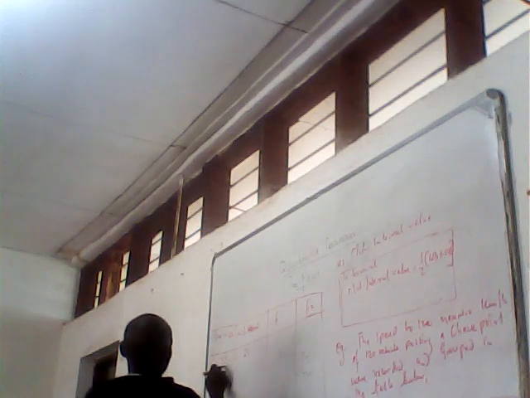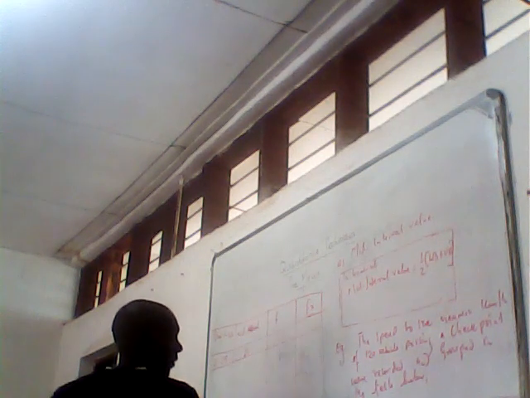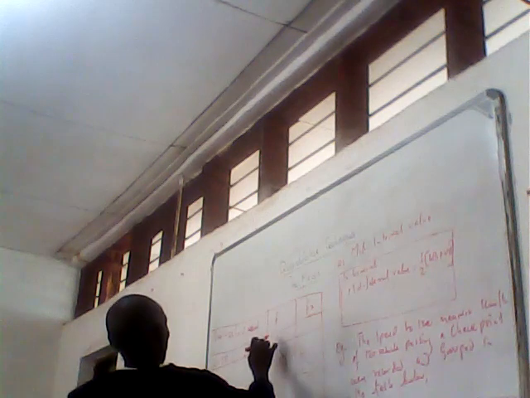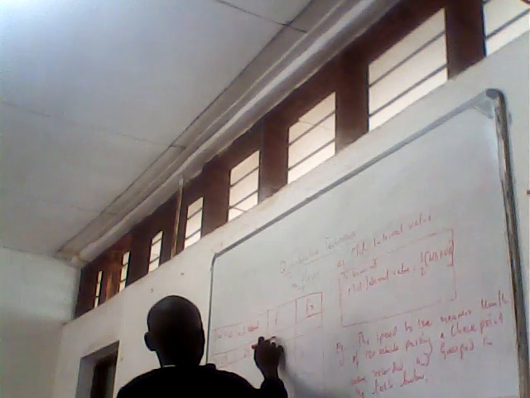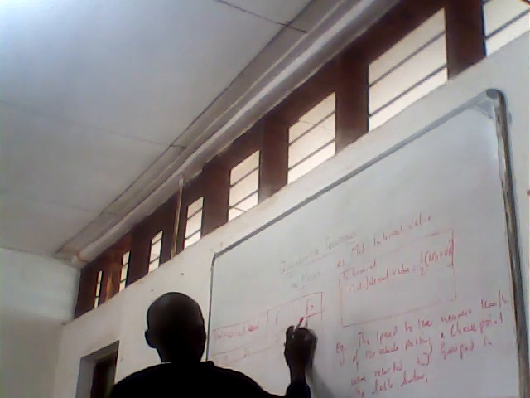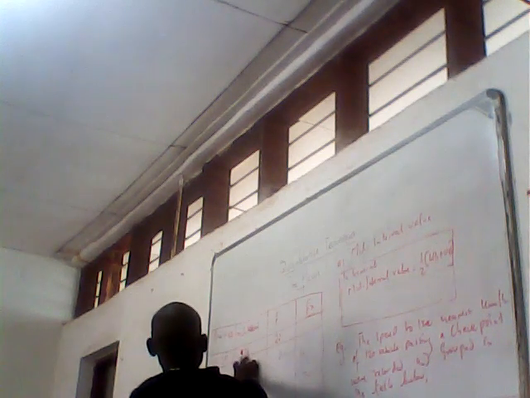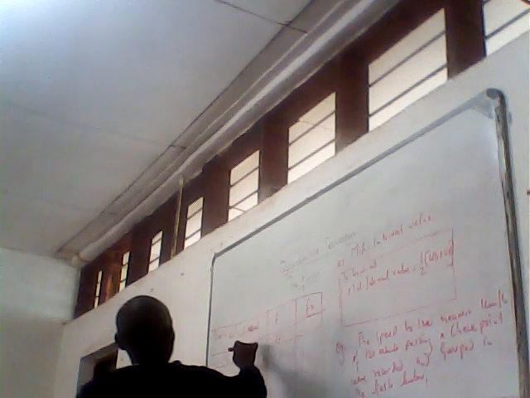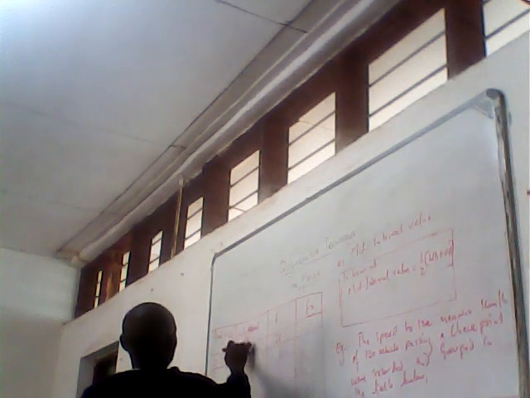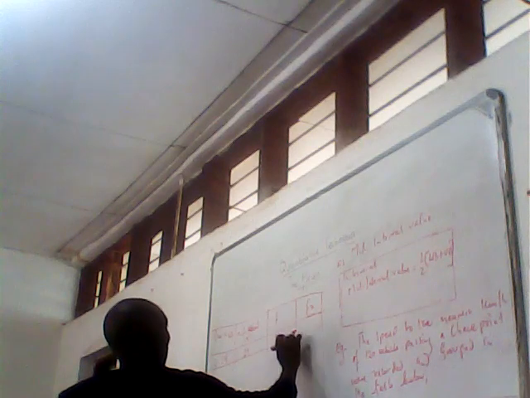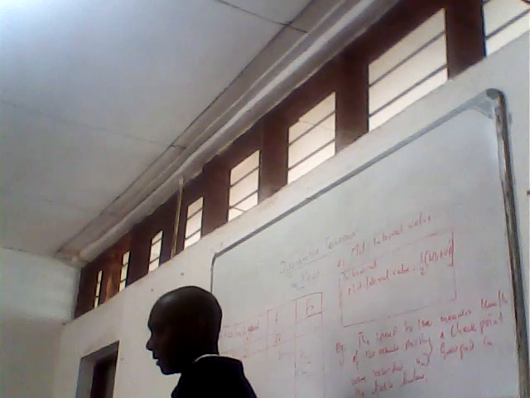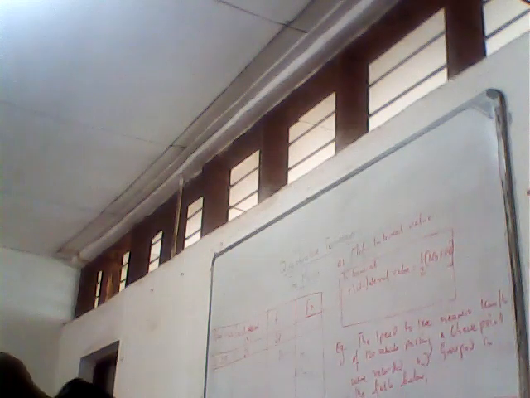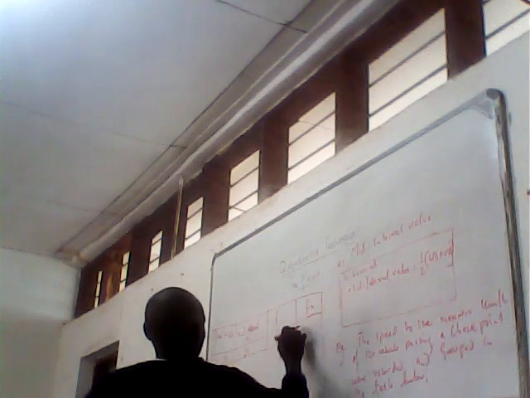But now, what's the frequency? 22, right? This is your x, the mean value. So you are finding fx, where I'll say 23 times 22. Can you multiply that? 23 times 22, you get 506.